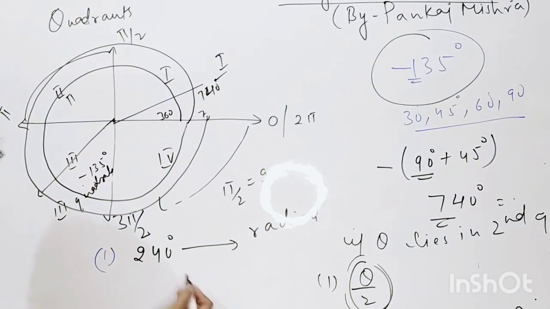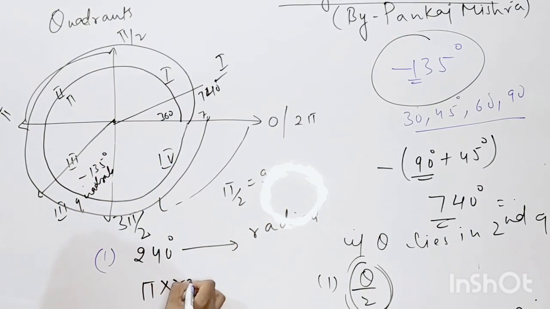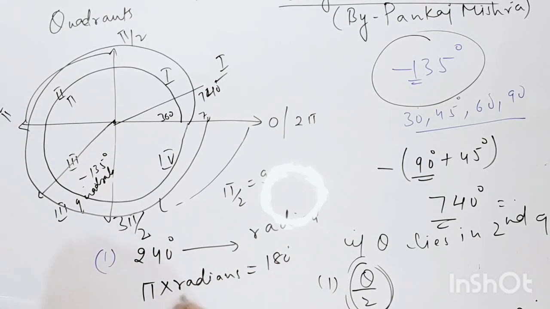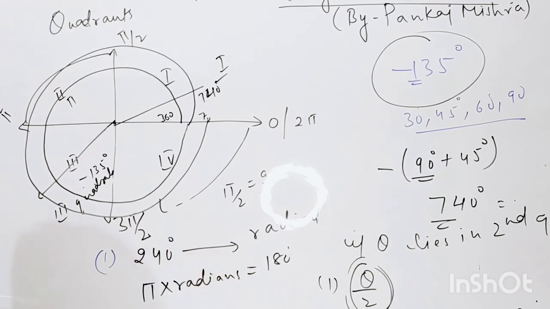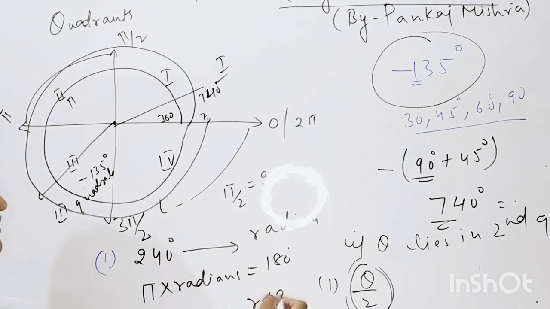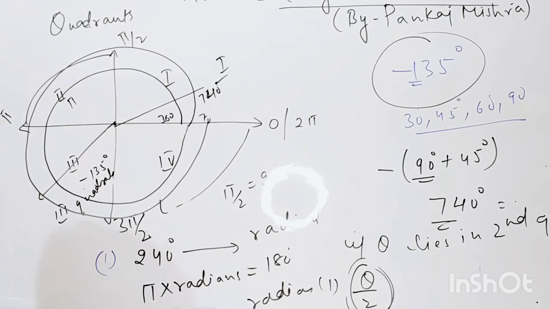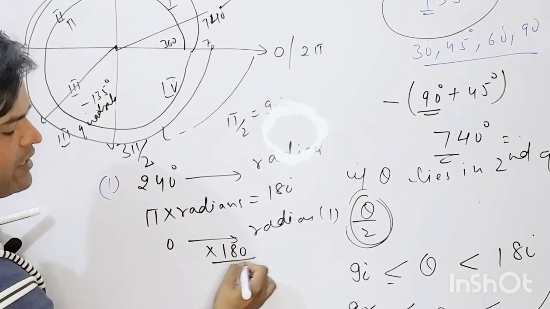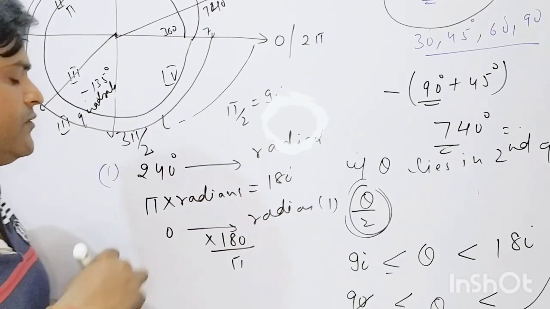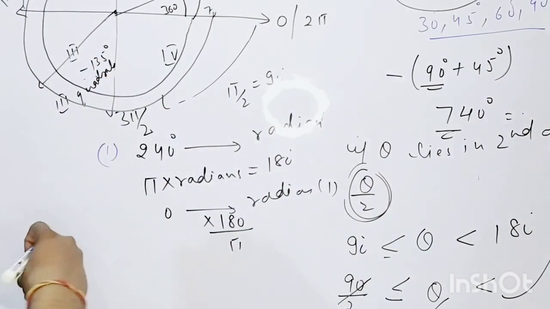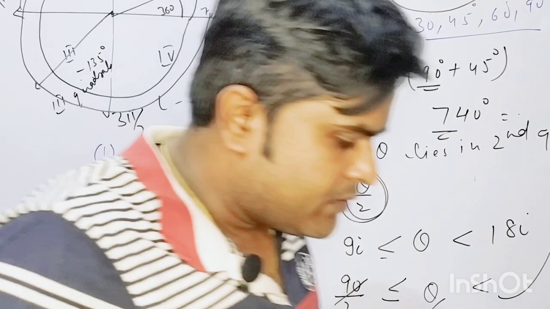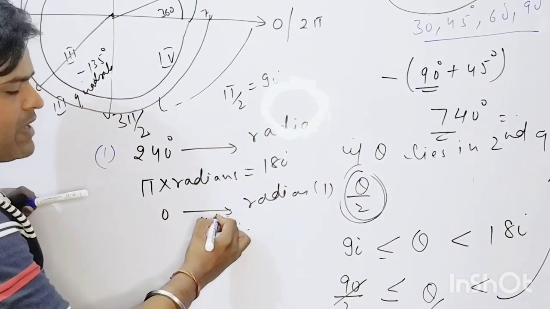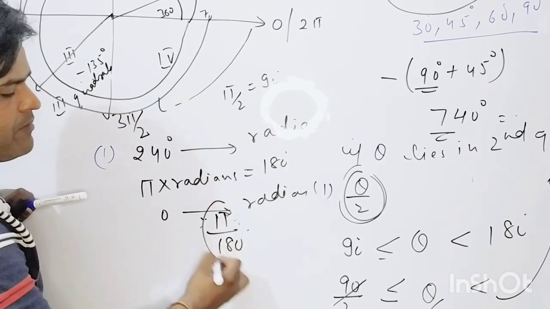There is one trick: as we know, pi radians is equal to 180 degree. If we want to change degree to radian, we simply multiply by pi by 180.